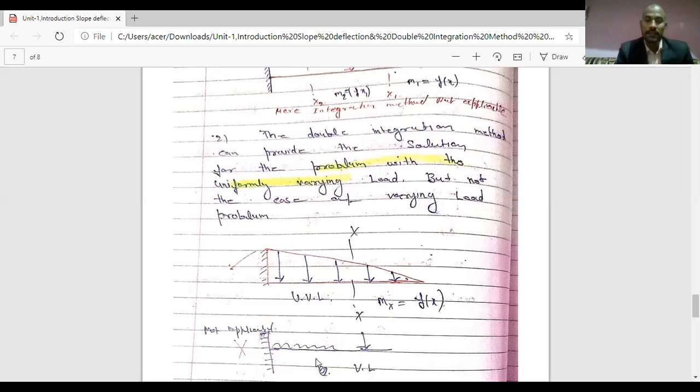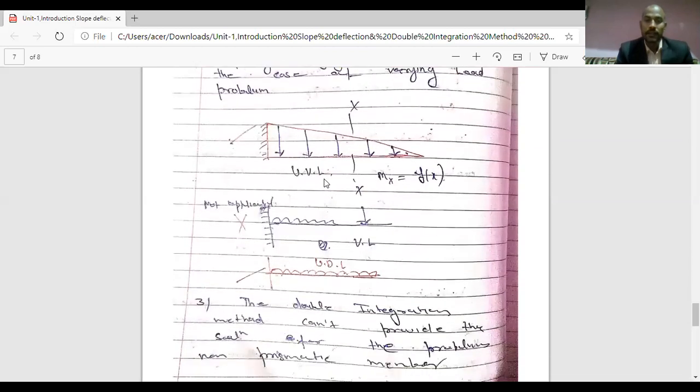If we see the second beam, this beam has a UDL and a point load acting. Due to this variation of load, the bending moment varies all through the span of the beam.